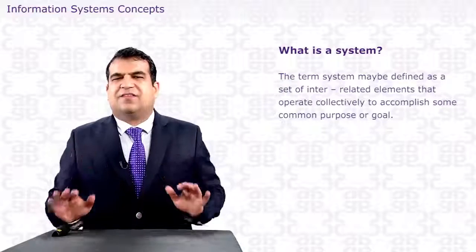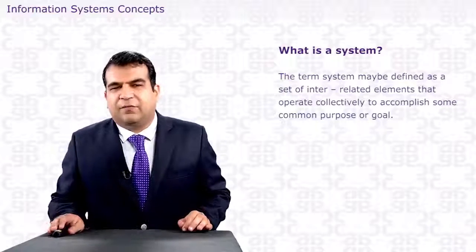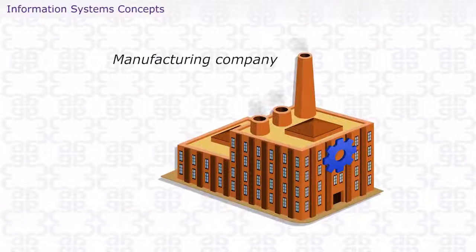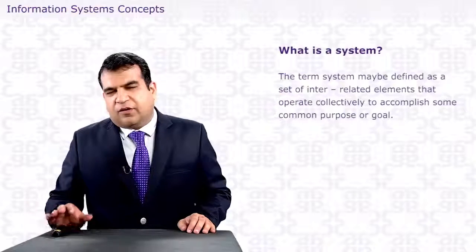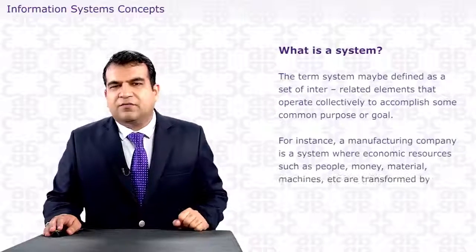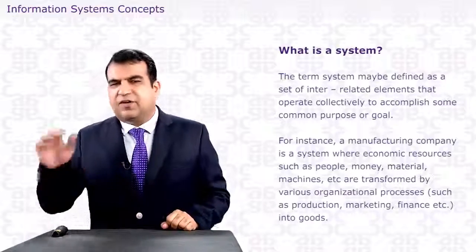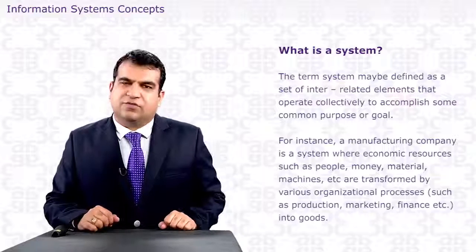The finest example of a system for us to understand can be a manufacturing company. Now, what is a manufacturing company? A manufacturing company is an entity which buys raw materials, does some processing and converts these into finished goods.